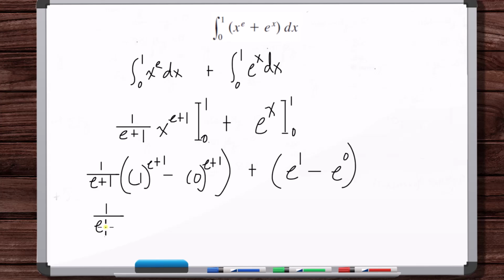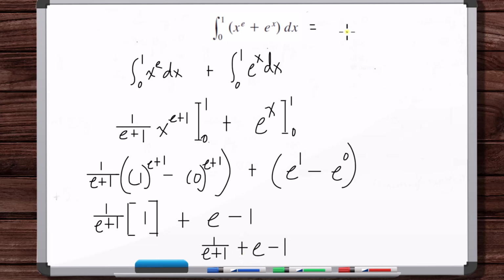So here you've got 1 over e plus 1 times, plus e minus 1. That's it.